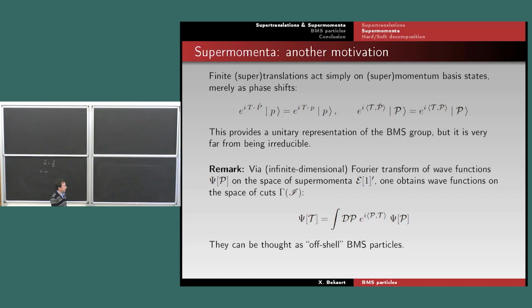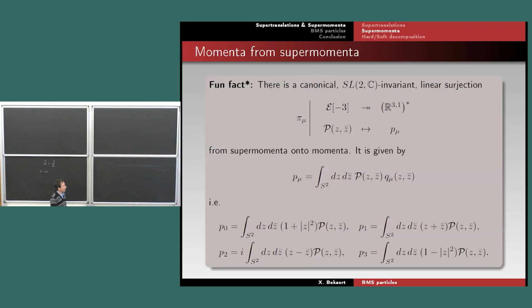We have the injection of translations inside super translations, but the dual of this is the following fact: super momenta project. So there is a canonical Lorentz invariant linear surjection of super momenta onto momenta.